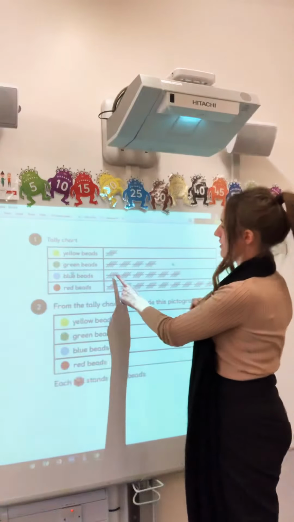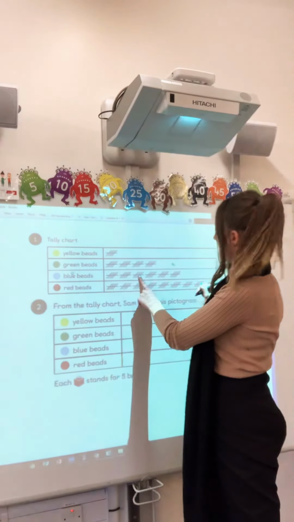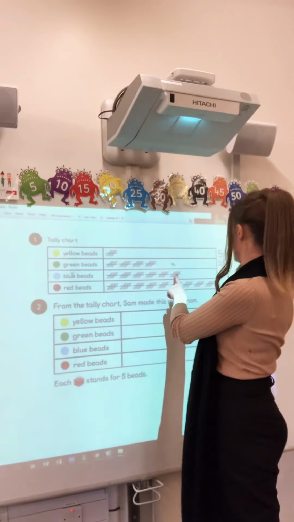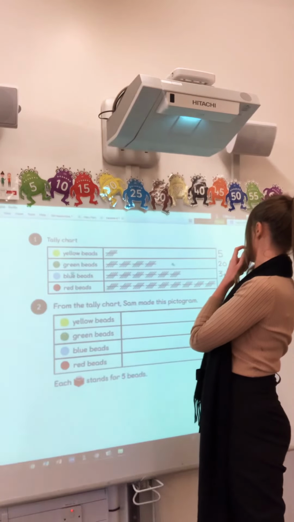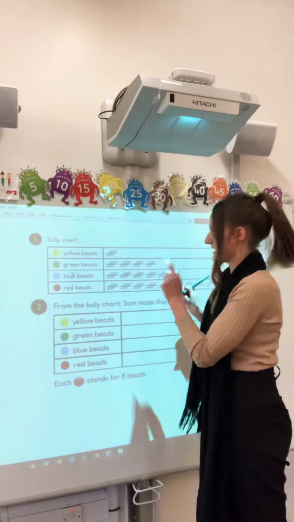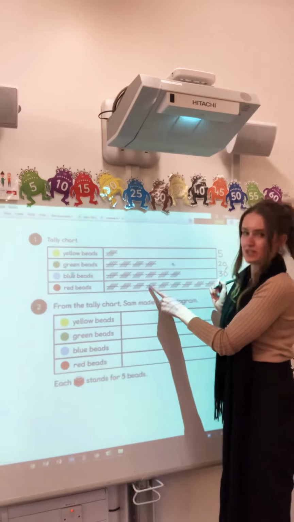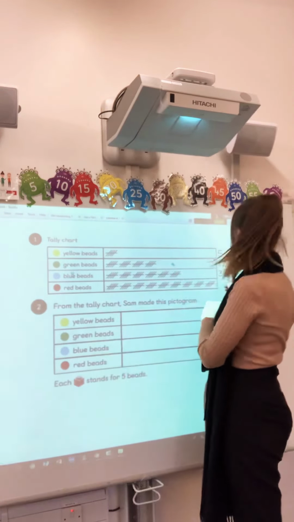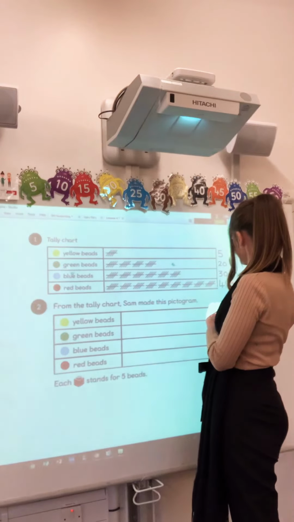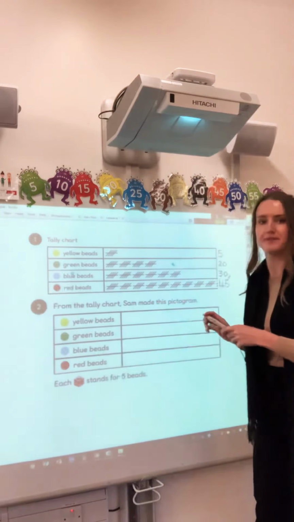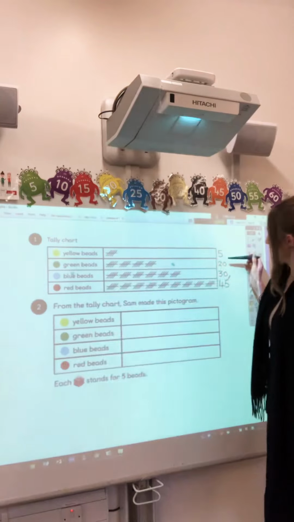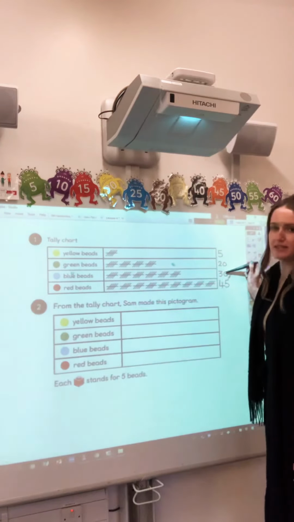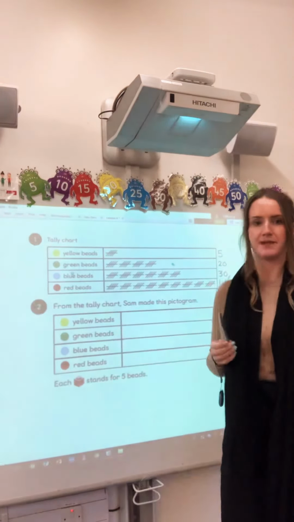Okay, I can just go 5, 10, 15, 20, 25, 30. Okay, and red beads. 5, 10, 15, 20, 25, 30, 35, 40, 45. So, we have created a tally. There are 5 yellow beads, 20 green, 30 blue, and 45 red.